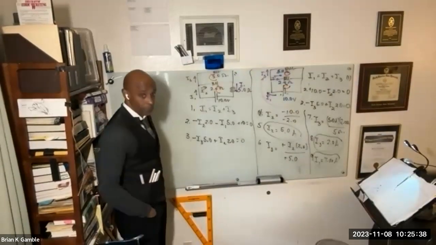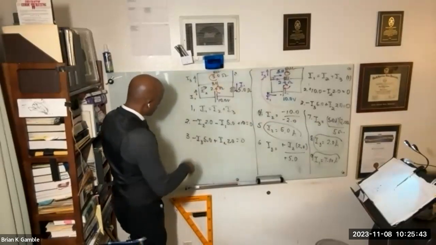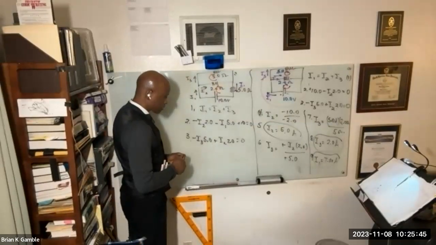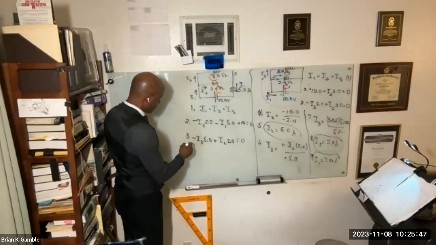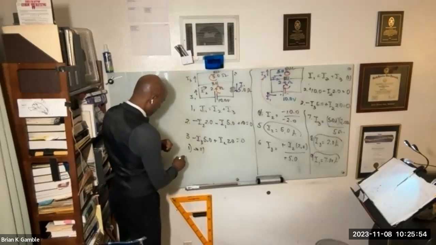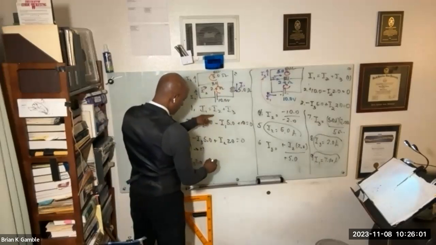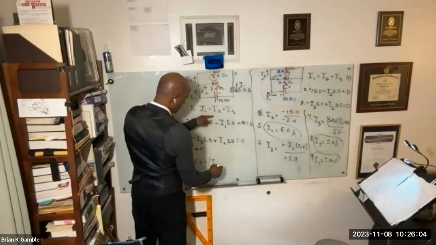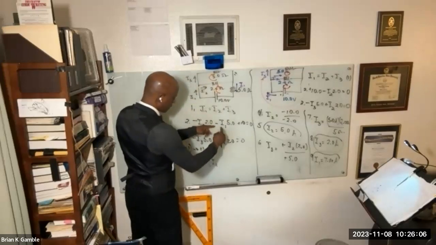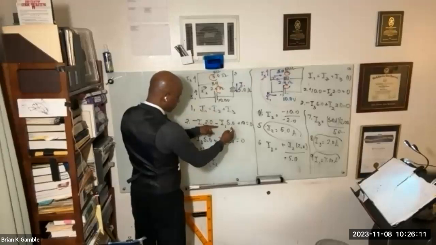So let's do that. Sometimes I put little notes to let me know how I'm flowing. So I'm going to put 1 into 2. So that's going to give me minus I2 times 2.0, and then minus quantity I2 plus I3 in here, times 5.